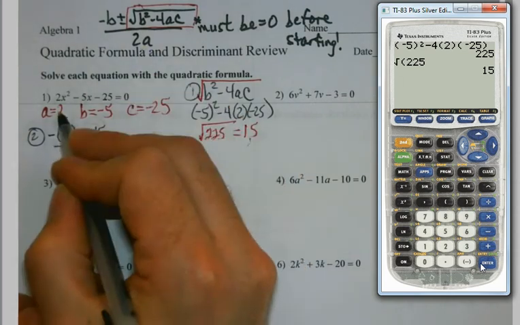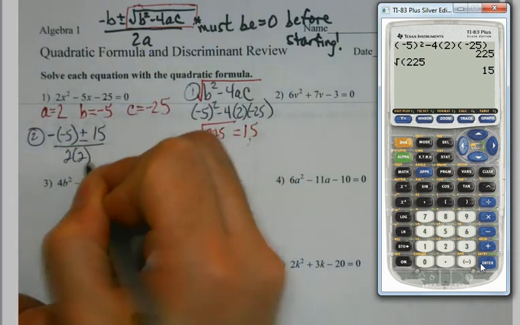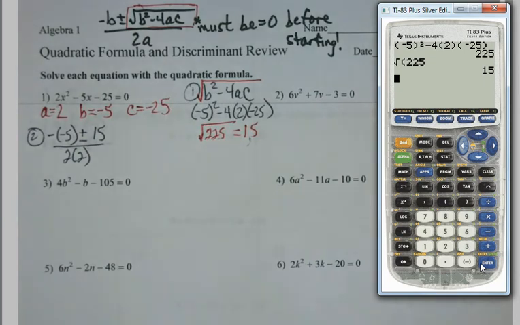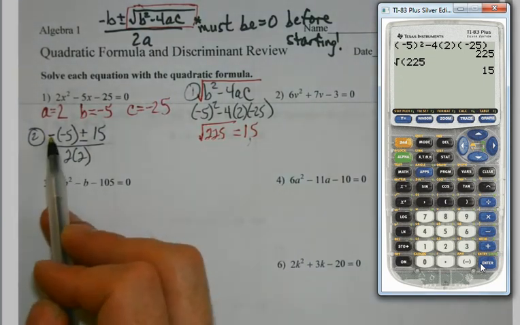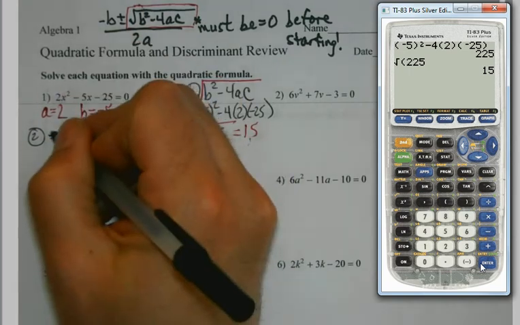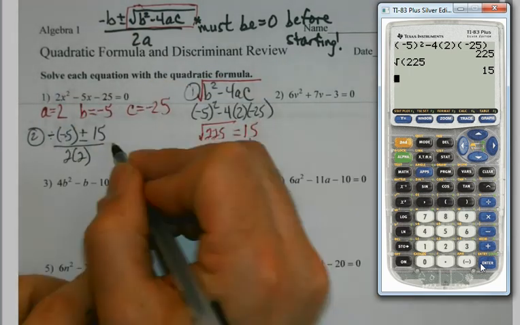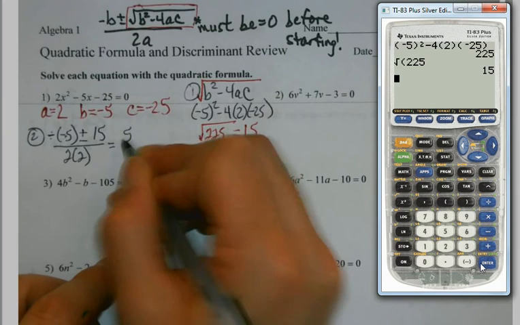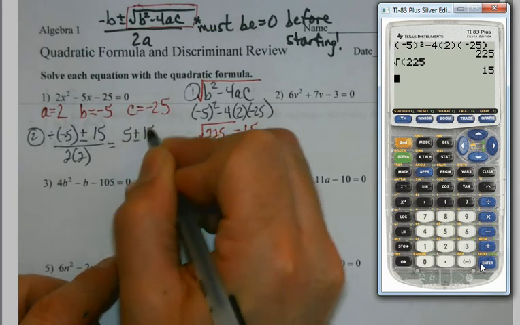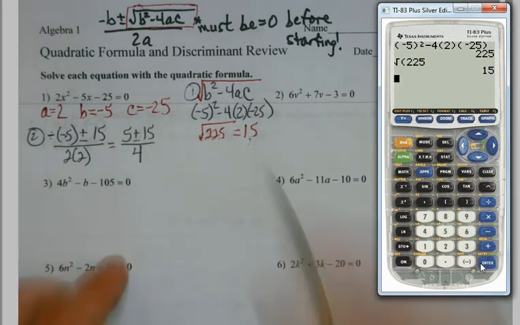And then it's over 2 times a, or 2 times 2. So like Cheyenne just mentioned, if I have negative 5, the opposite of negative 5 will make this positive. So this is really 5 plus or minus 15 over 4.